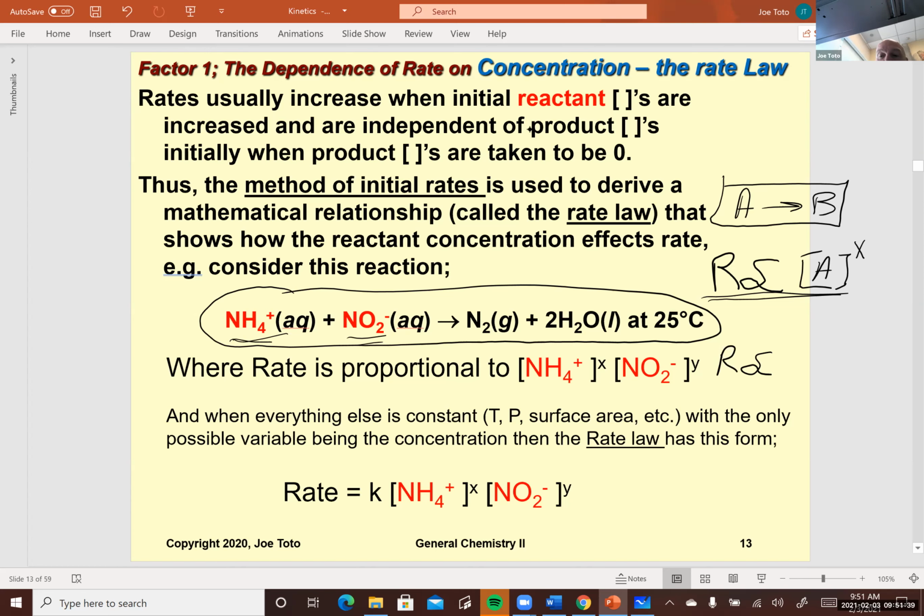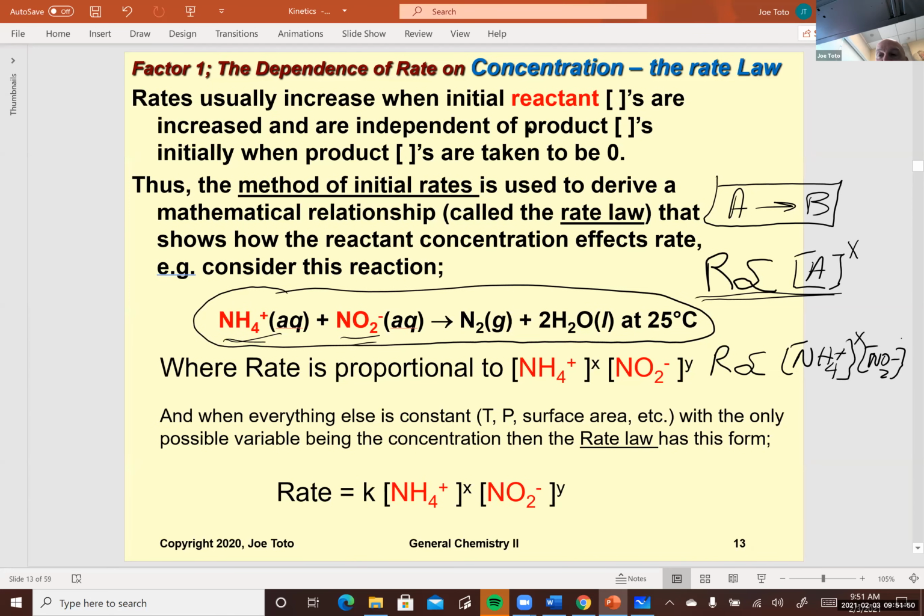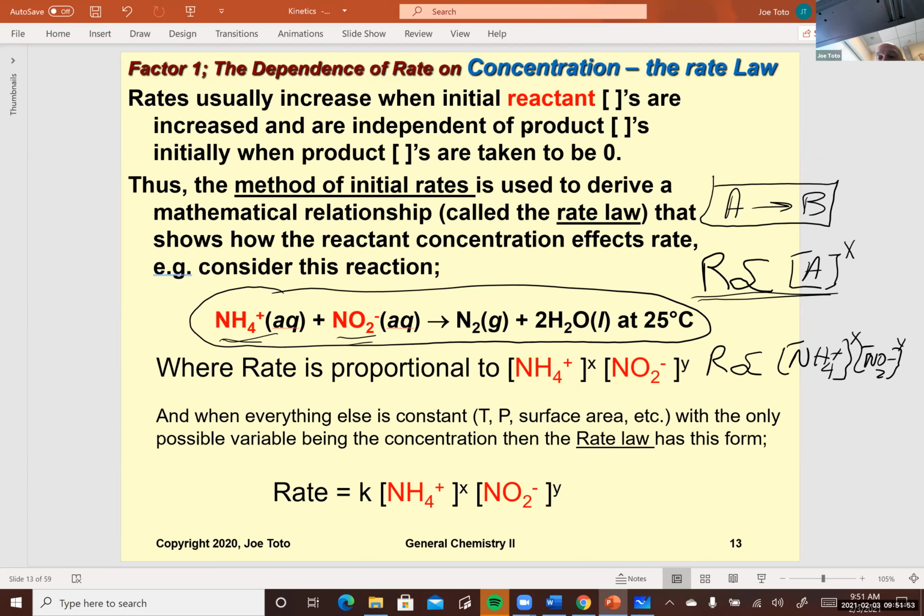Rate is going to be proportional to ammonium to some power, I'll call that X, and nitrite to some power, which they call Y. Now, if I keep everything constant experimentally, and the only thing that I vary is the concentrations of the reactants, then I can make what's called a proportionality constant and change the proportionality into an equals.